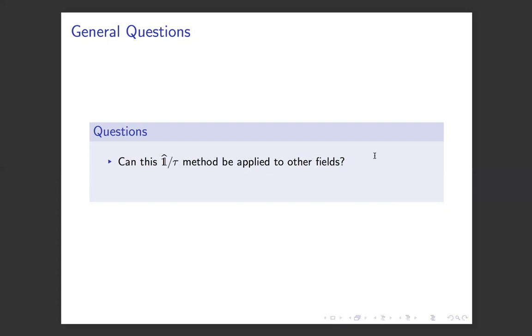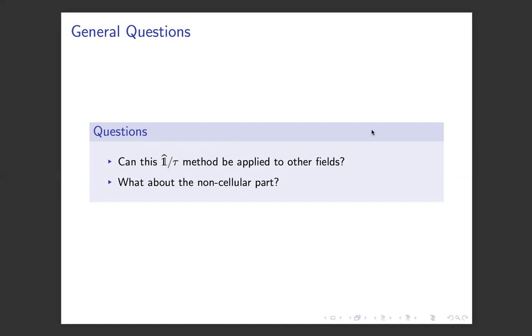So if we have such a method, what's going to be the replacement for the cofiber of tau over other fields? Another thing is that this is purely based on the cellular part of the motivic homotopy category, which is less interesting to algebraic geometers, I guess. What about the non-cellular part? Can this method somehow be extended to the non-cellular part of the category?